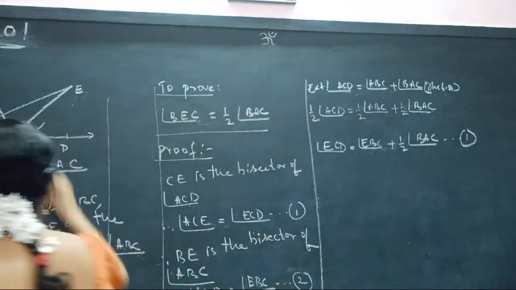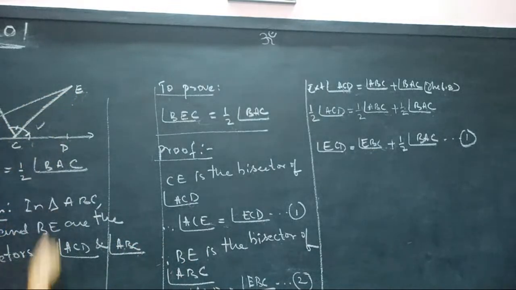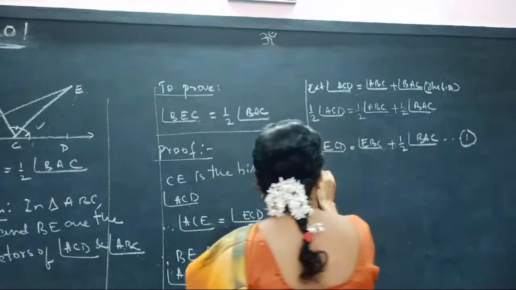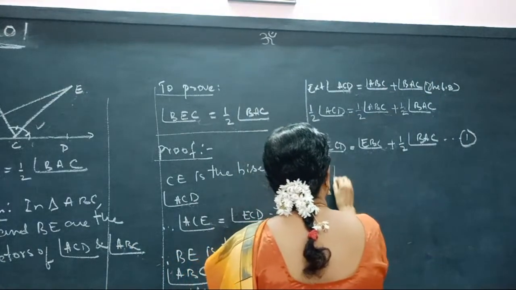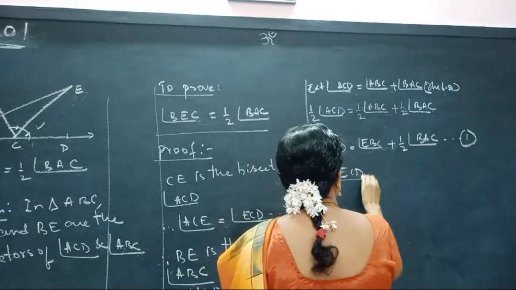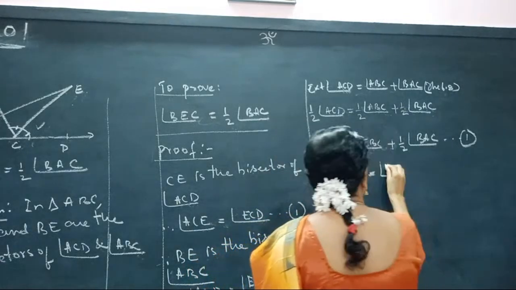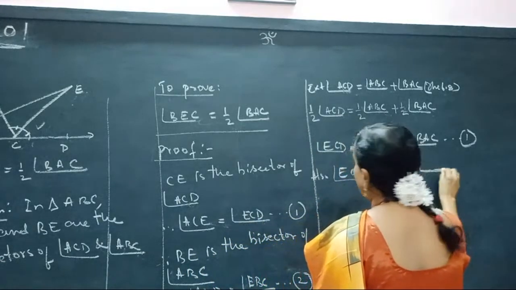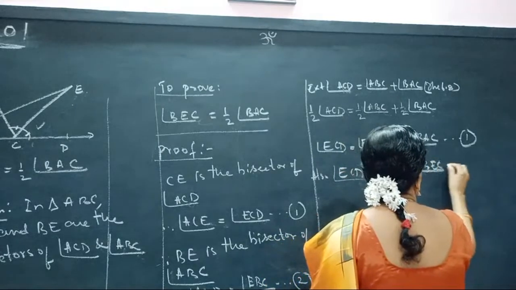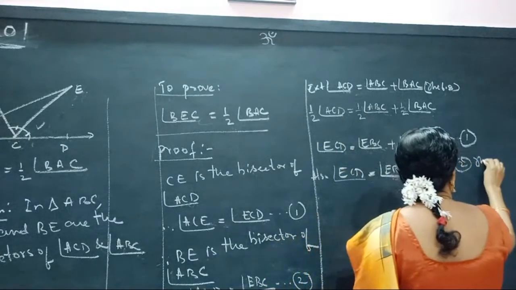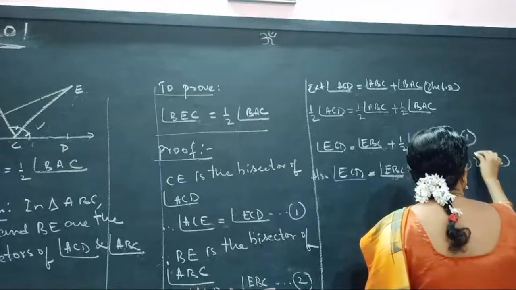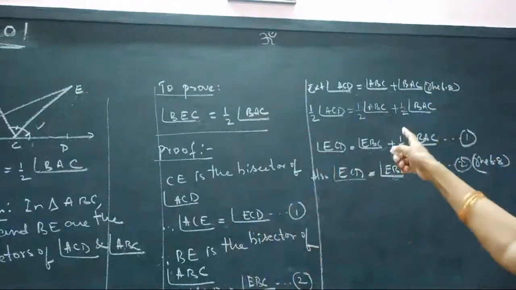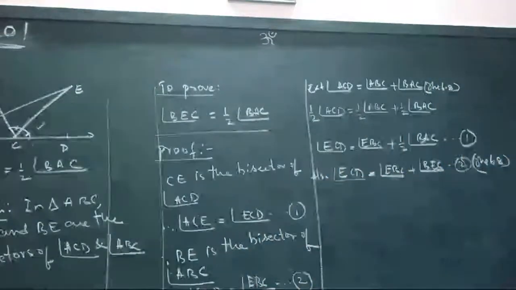Again, we come to the condition here. ECD is another exterior angle. You write also angle ECD equals angle EBC plus angle BEC. Result 2. We got it by theorem 6.8. Now observe result 1 and result 2. We have angle ECD.